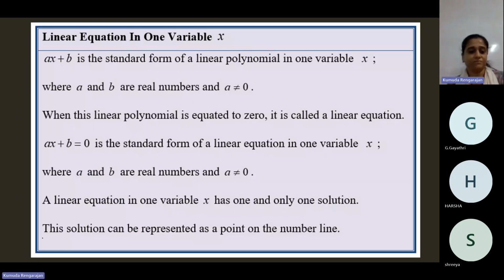So what we saw in this presentation is the standard form. Okay. I'll just underline.